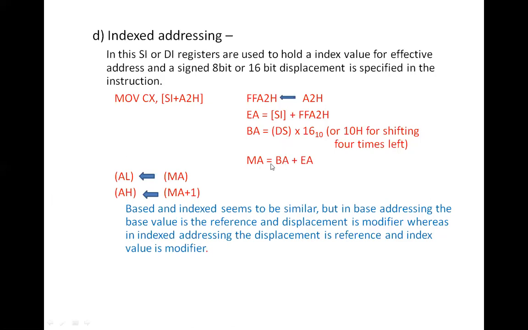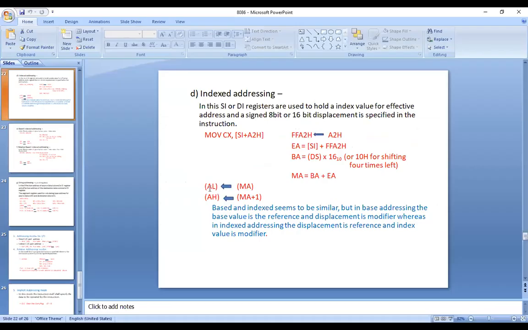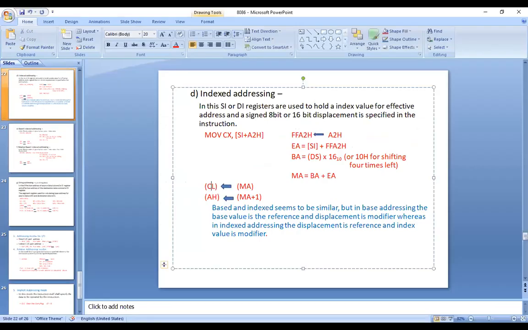So the memory address will be equal to the base address plus the effective address, and whatever is the content of the memory address is copied into the CL register, and the next into CH.